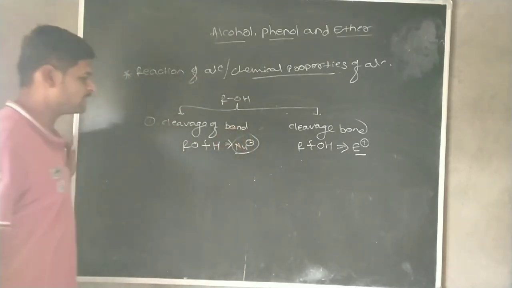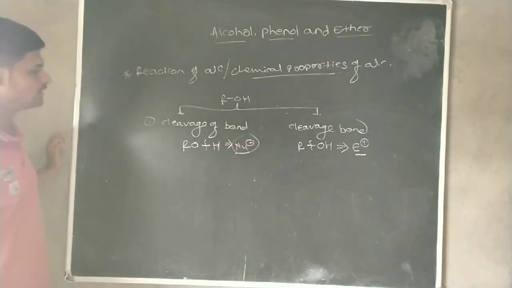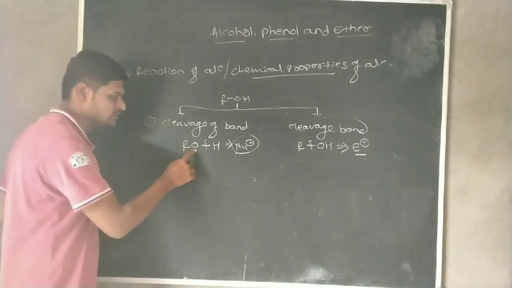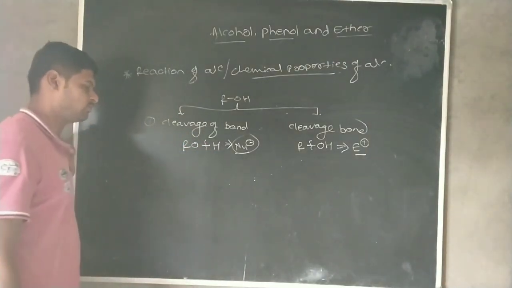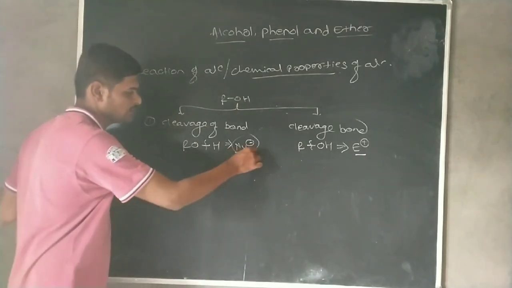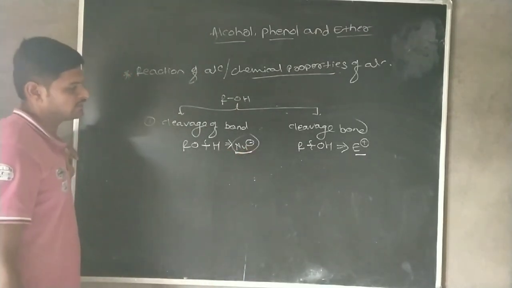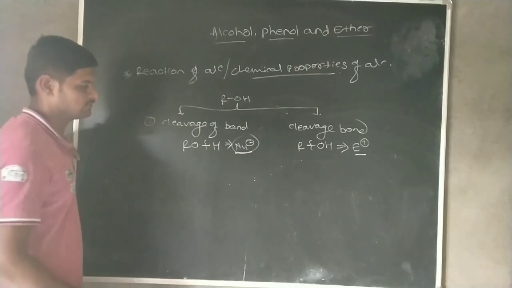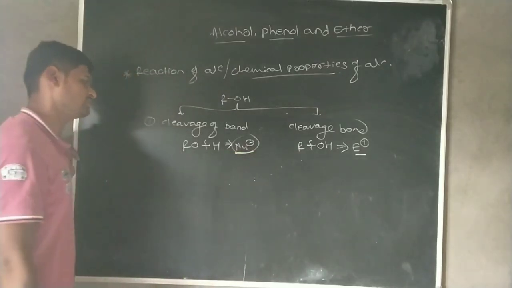Now the bond breaks between oxygen and hydrogen atom. Then it forms a nucleophile. And what is the mechanism when alcohol becomes a nucleophile?